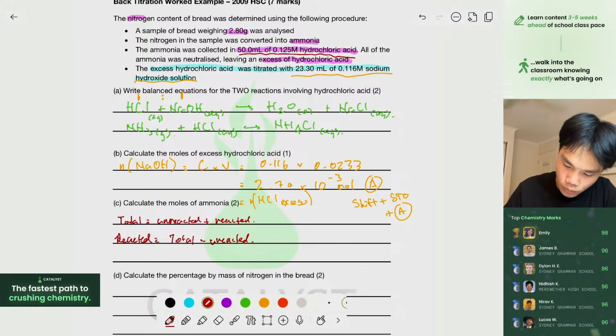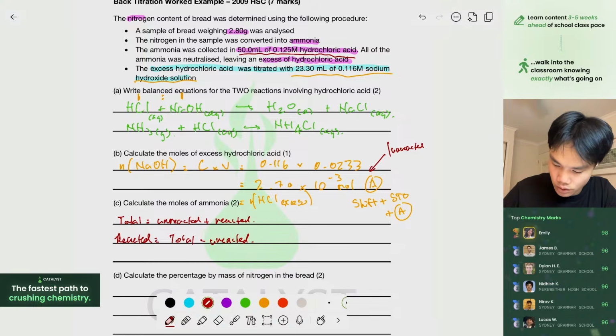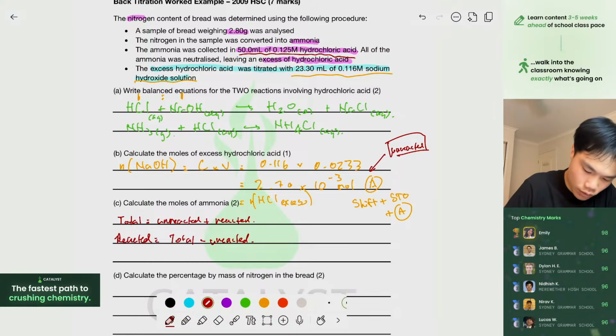We already know the unreacted because it's the excess, so we need to find the total.